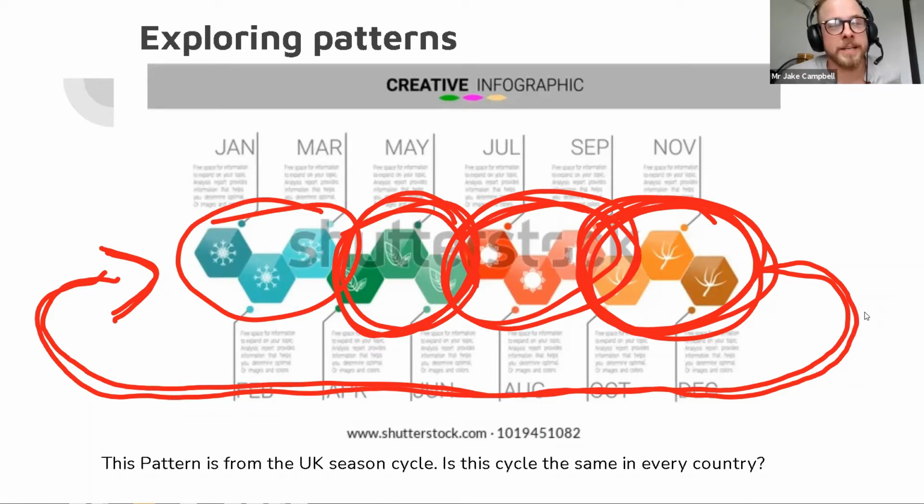So we can identify they're different, all right? Now, why do you think they're different? I think they are different because the seasons are not in the same time. Yeah, good. I get that. But why? Why are they not in the same time? So what I'm thinking of is place, okay?